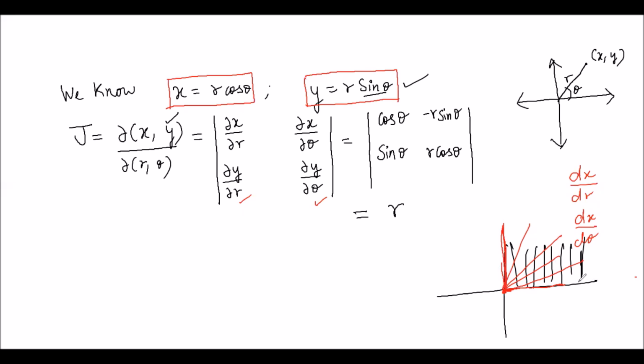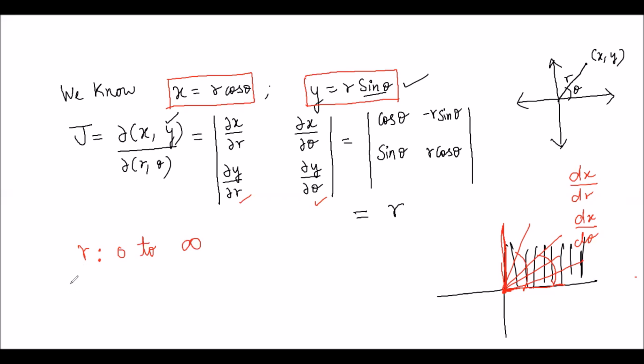For all these radial strips, theta is constant. For this radial strip, theta will be this one. For this radial strip, theta will be this one. And this will be the last radial strip in this region of integration. So if we talk about the limits of r and theta, r will vary from 0 to infinity because these radial strips will go up to infinity.